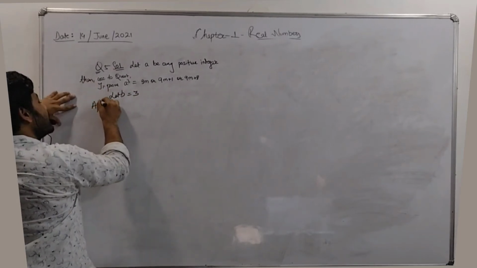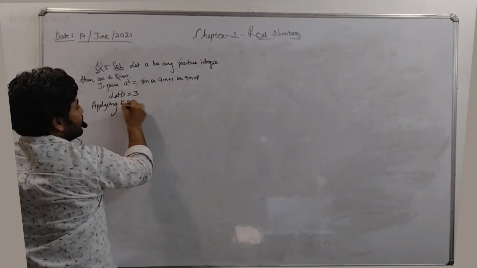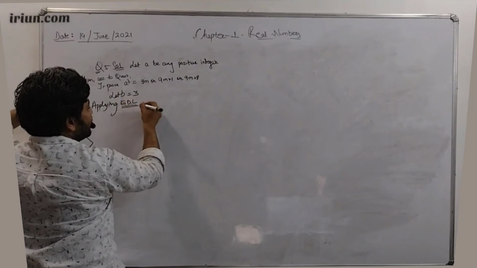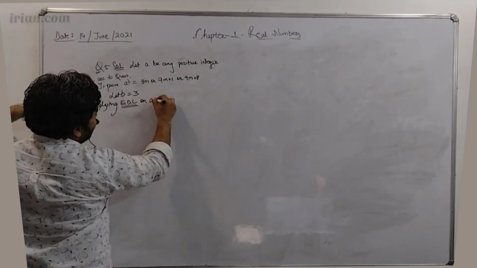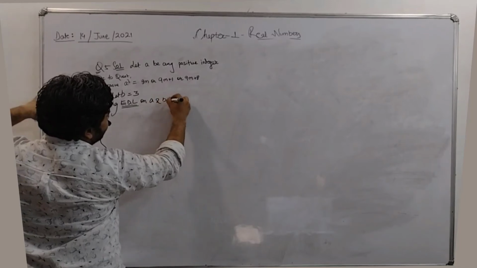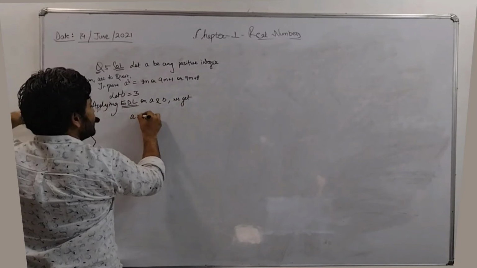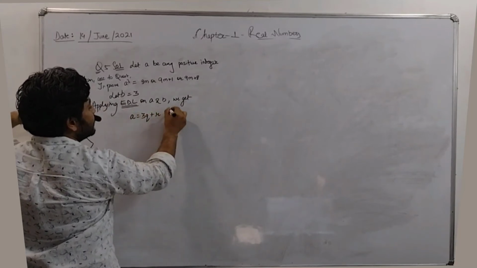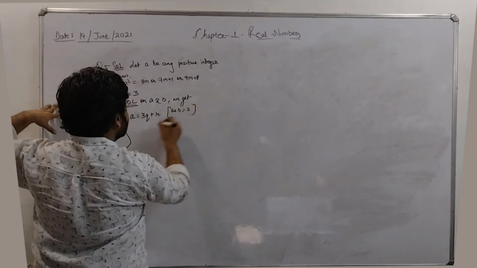Applying Euclid's division lemma, please write the full form, I am writing in short form here. Euclid's division lemma on a and b, we get a is equals to 3q + r as b is equals to 3.